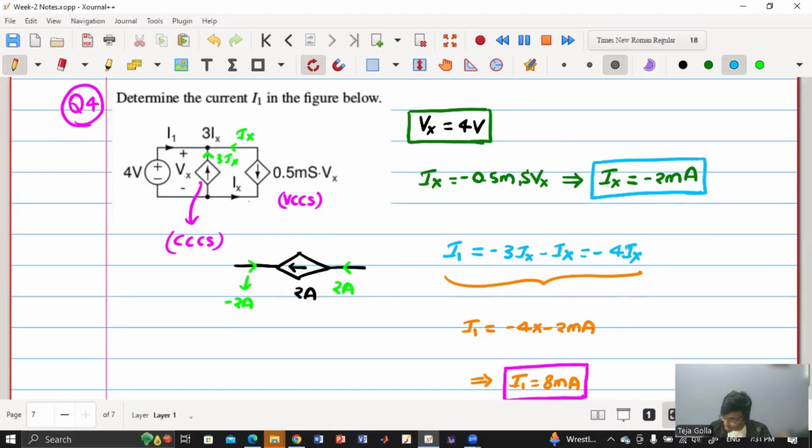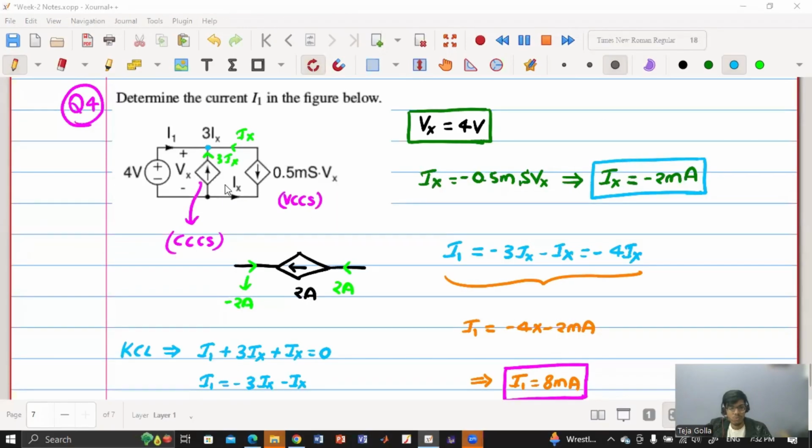Yes, this node. In that, can you please take KCL? Okay, so KCL will give me current entering equals current leaving. So we have I1 plus 3Ix plus Ix equal to 0. So we have I1 equals minus 3Ix minus Ix. Okay, sir. Got it.